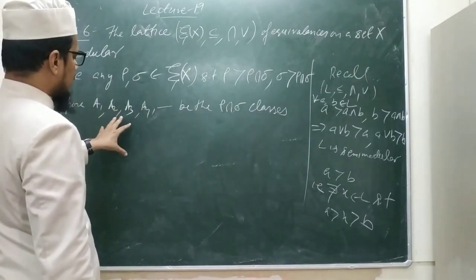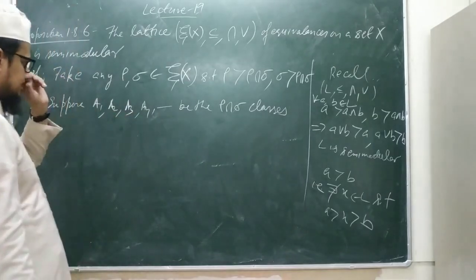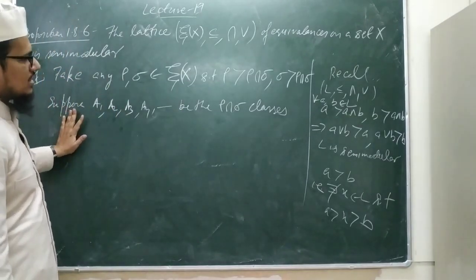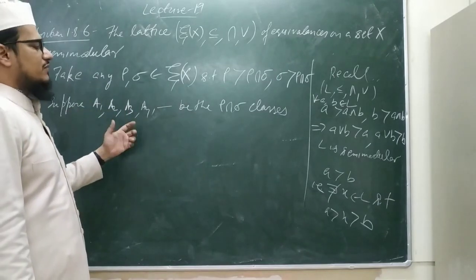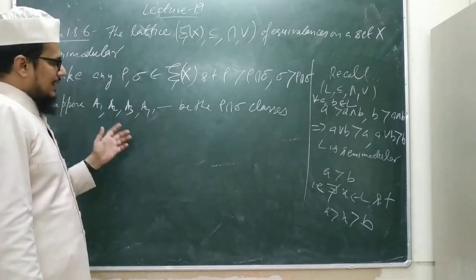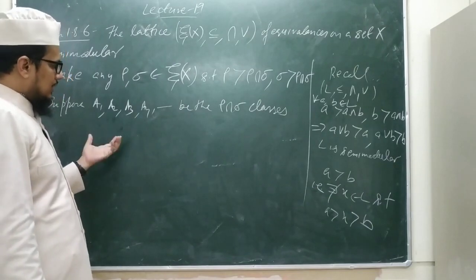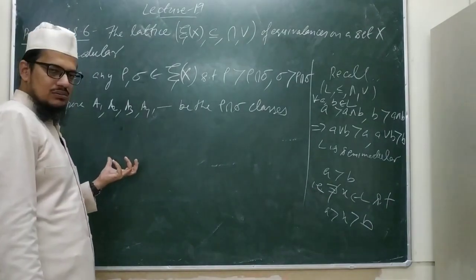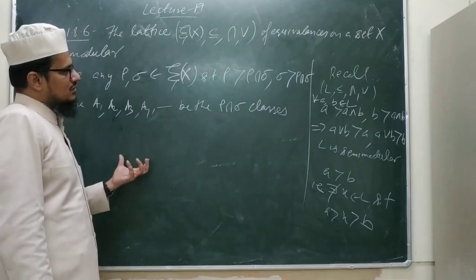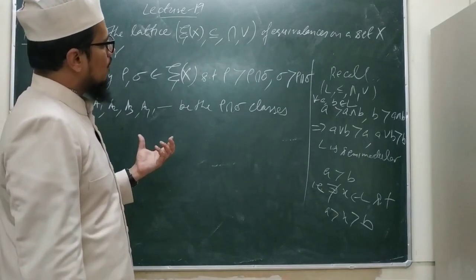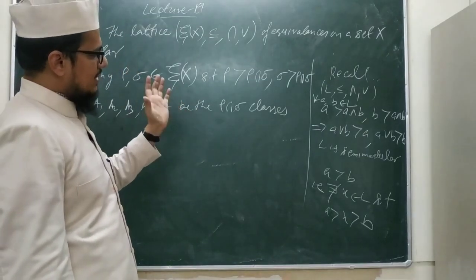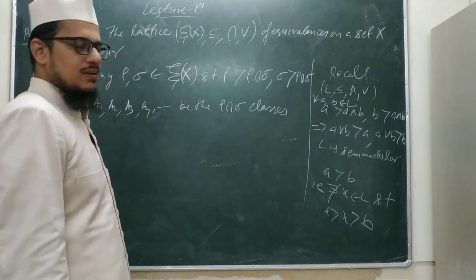Now we think about what the rho classes and the sigma classes could be. After that we show that the join of equivalence classes covers the rho classes as well as the sigma classes.